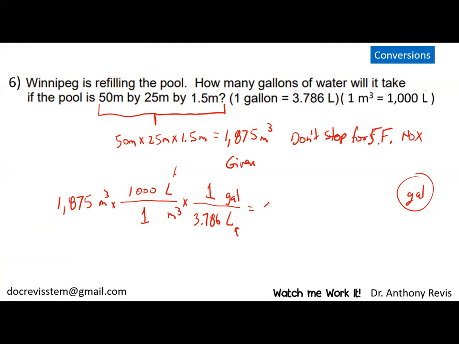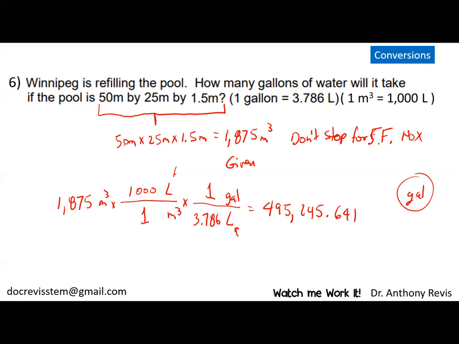So if I punch this through, I get 495,245.641 on my calculator. Now I have to determine my significant figures, and this is where it gets kind of hairy. There are two approaches you want to consider.